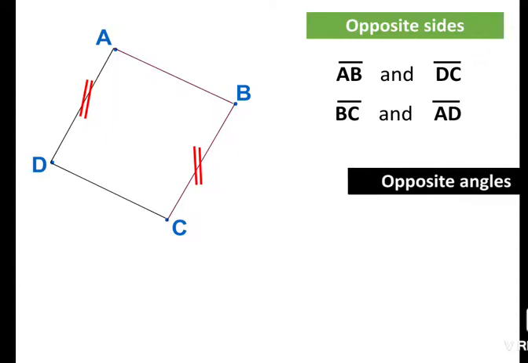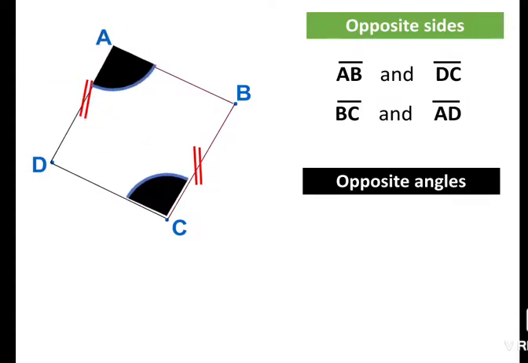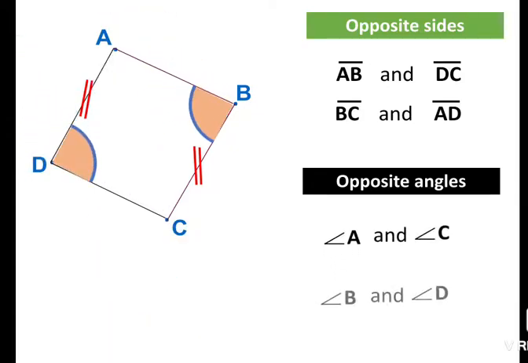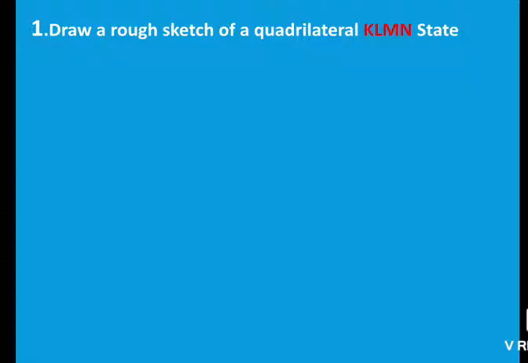Okay. Next, similarly, opposite angles, very simple. Angle A and angle C are opposite, not adjacent, not nearest. They are opposite angles. Next, angle D and angle B. Angle B and angle D are opposite angles.